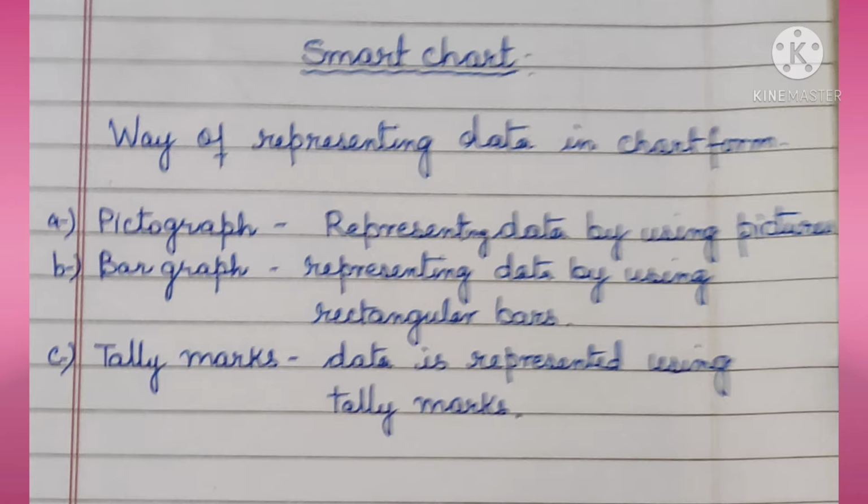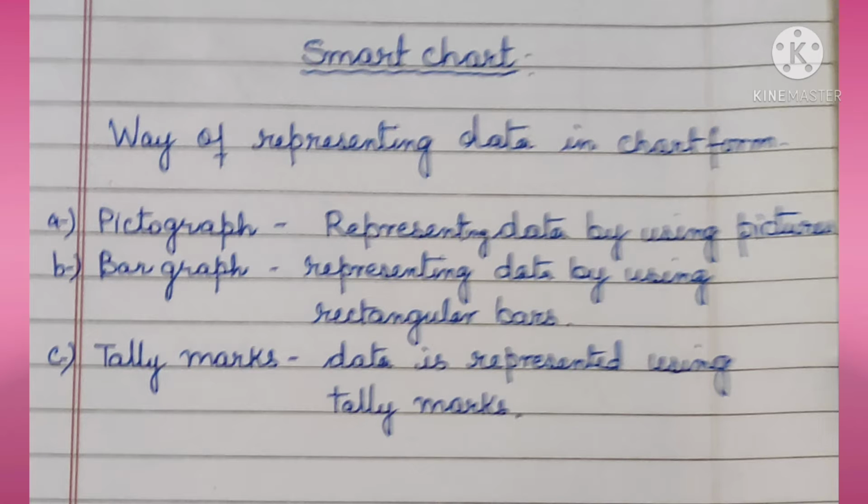To make a smart chart, we use information that we get from different resources and we call this information data. And children, we represent this data in various forms. In this class, we will learn about three types of smart charts: pictograph, bar graph and tally marks.